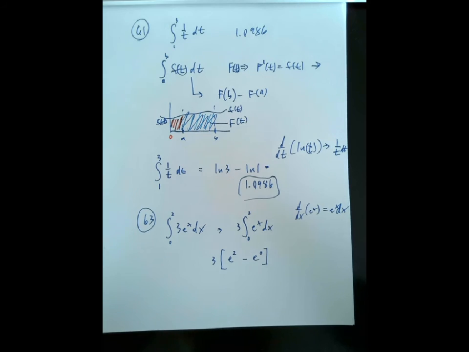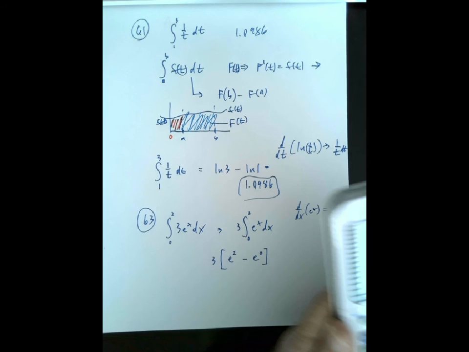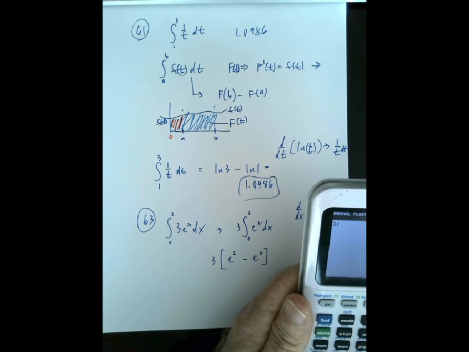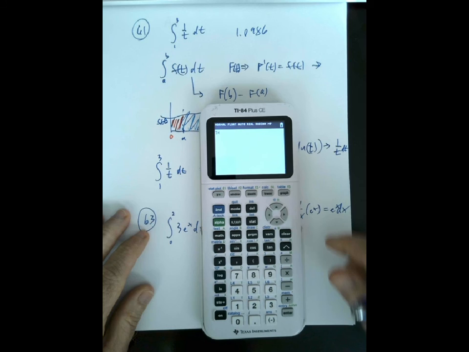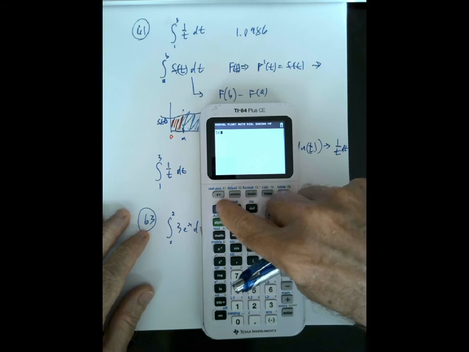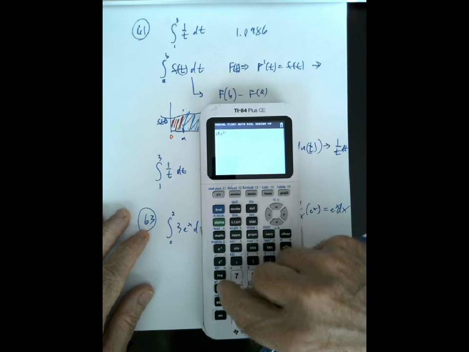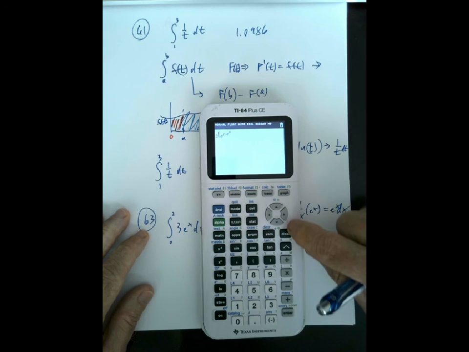Okay? So, Mr. Calculator says that 3 times, doing it right here, 3 times e to the 2 minus e to the 0.